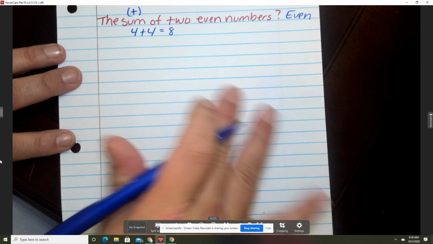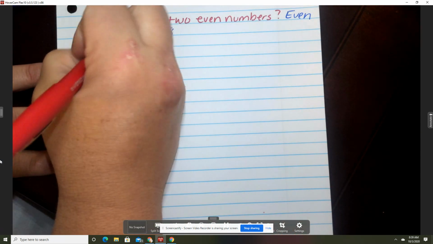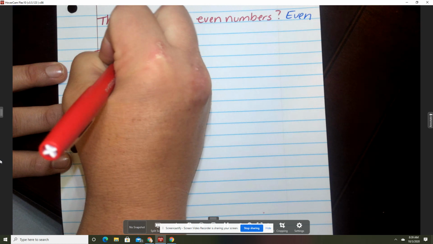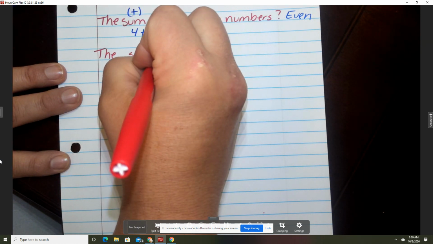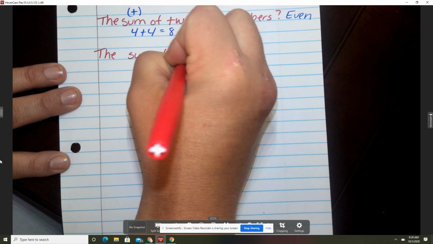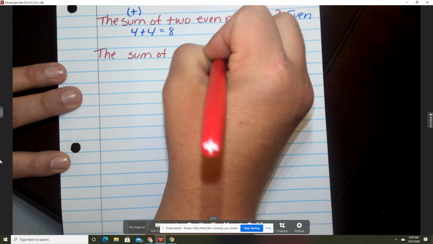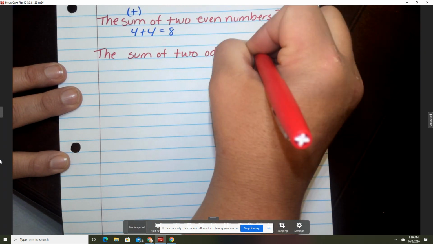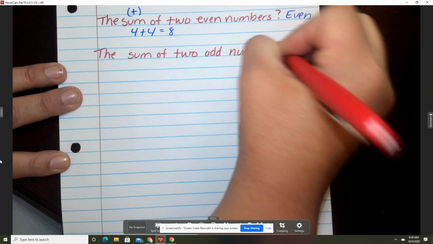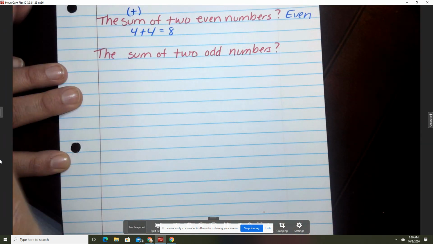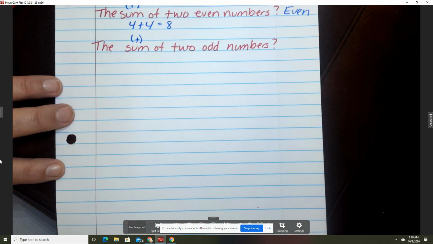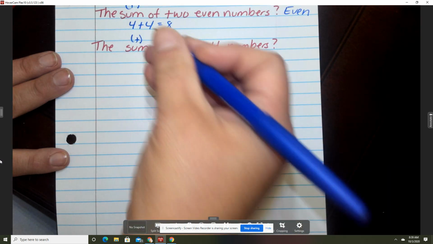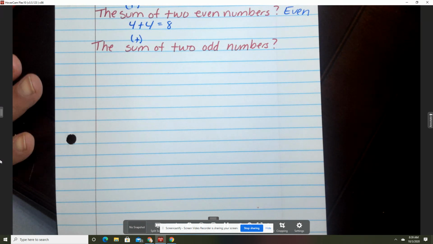All right. Then the sum of 2 odd numbers, is it even or odd? The sum, again, is to add. Just like we did before, you're going to have to pick 2 odd numbers and add them.